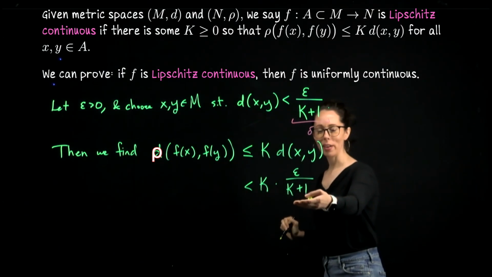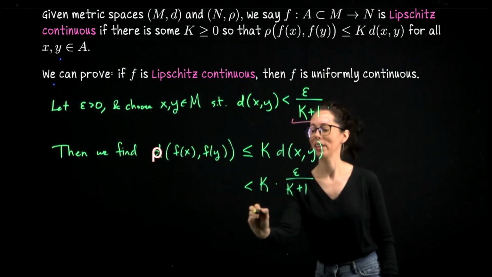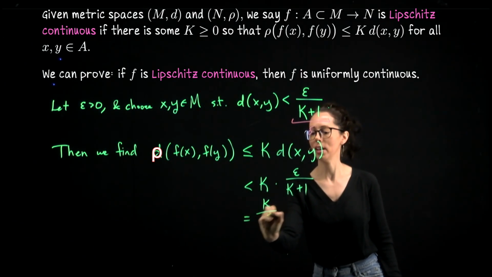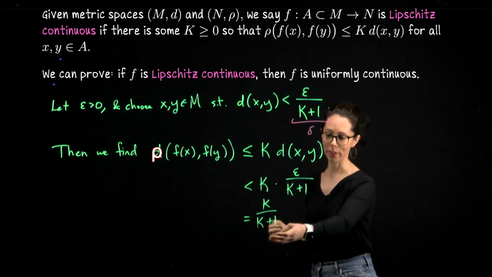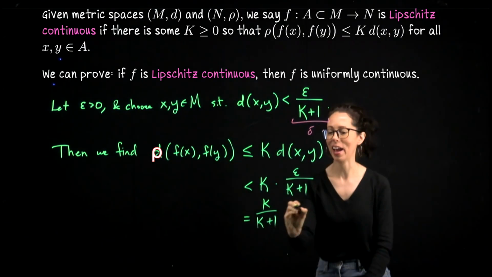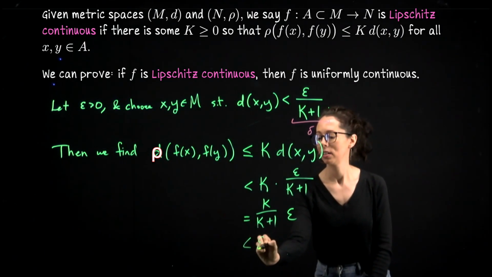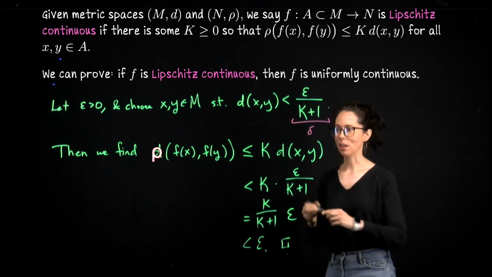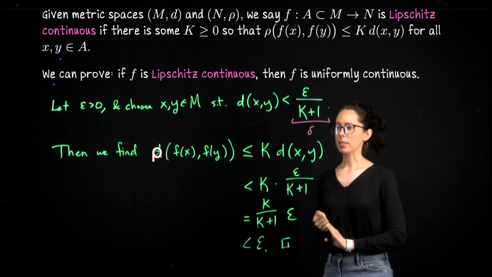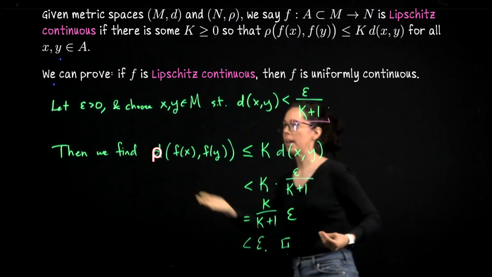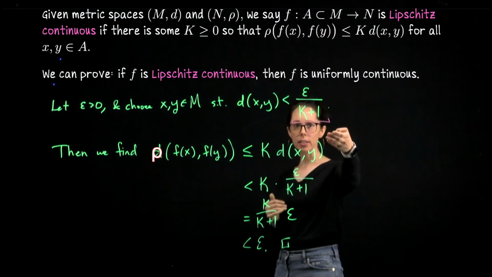And now you'll realize why this k plus 1 is a good choice. Not only does it make the denominator always defined, but this number is less than 1, right? So this is always a good scalar to have out here in front of epsilon so that we can wrap up this computation. I haven't written too many words down here, but basically what we've shown is that for any pair of inputs, there's a delta.